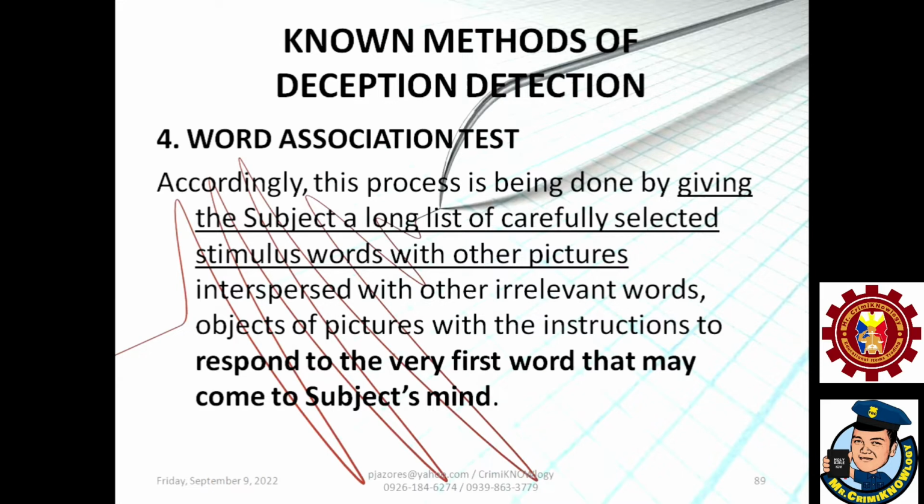By that, the response of the subject will be examined by the interrogator to see if it has a relationship or association to the case, so that we can check also if the subject is deceiving or is cooperative.